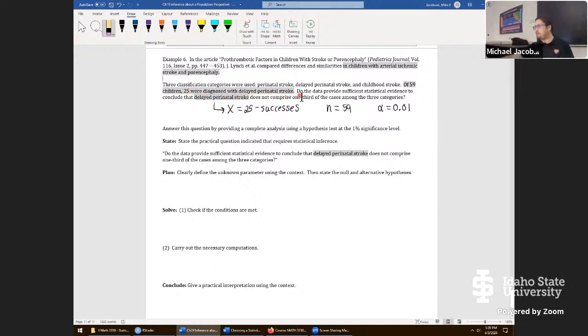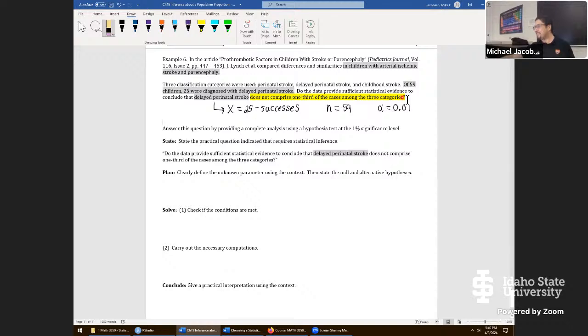And the question is about, do the data provide evidence to conclude that, once again, delayed perinatal stroke does not compromise 1/3 of the cases among the 3 categories? Kind of an interesting statement right there, but that's why we said delayed perinatal stroke is going to be the successes in this problem. It seems to be what the study is all about.